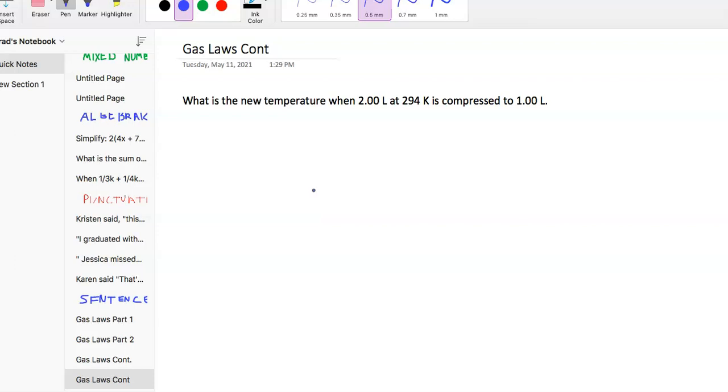In this one, it says, what is the new temperature when 2 liters at 294 Kelvin is compressed to 1 liter? When you see K like that, it's Kelvin. On this one, we need to know a slightly different formula because we have the Kelvin here.